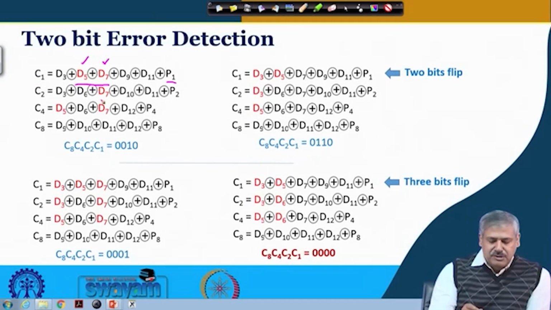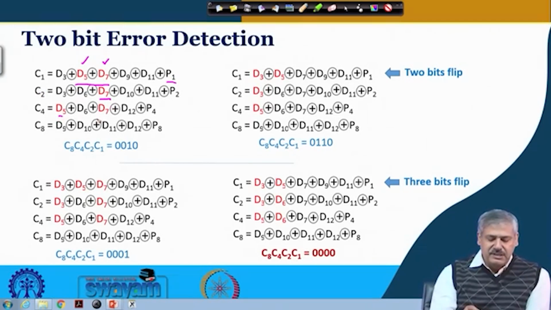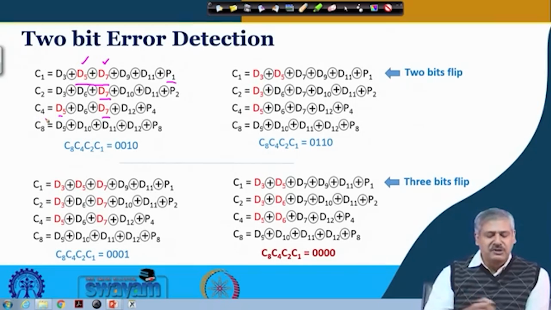Here D5 is not there, so D7: in this case this will give a 1 because only one bit has flipped. D5 and D7 are both there in C4, so 2 bits have flipped and it will not detect any error, and C8 does not have D5 or D7, so it will not detect anything.